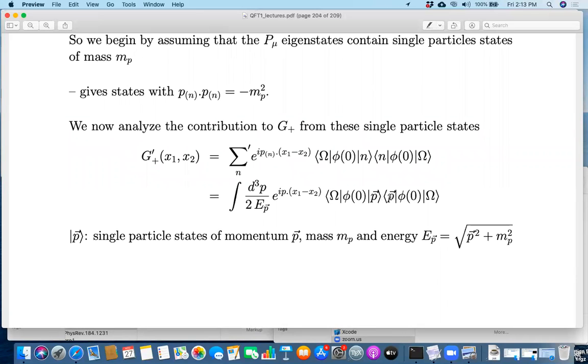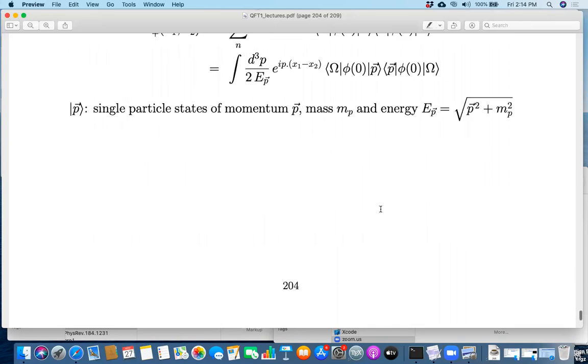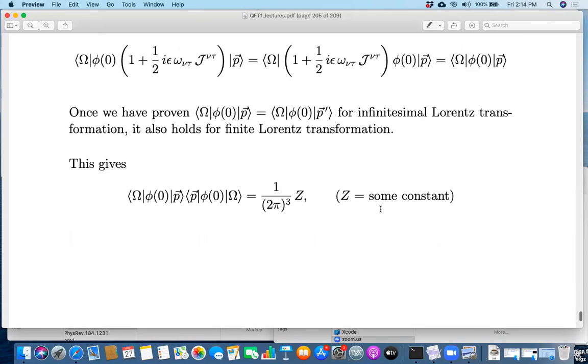This doesn't depend on P. So we'll parameterize this constant by some Z, which is a constant over 2 pi cubed, and that's what we have done here. This 2 pi cubed is again just a matter of convention. We could have called this Z, but we will see that this will have some useful role to play. So we'll call this constant Z over 2 pi cubed. The important point here is that Z doesn't depend on P.